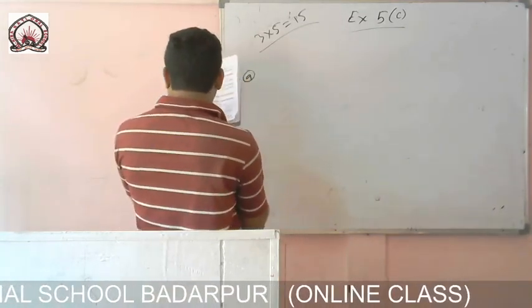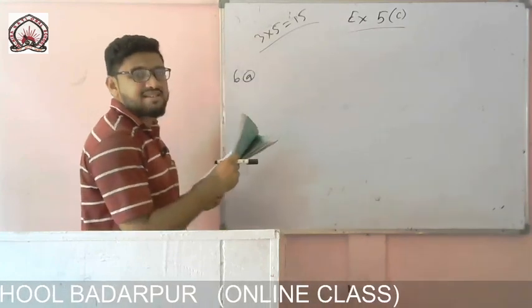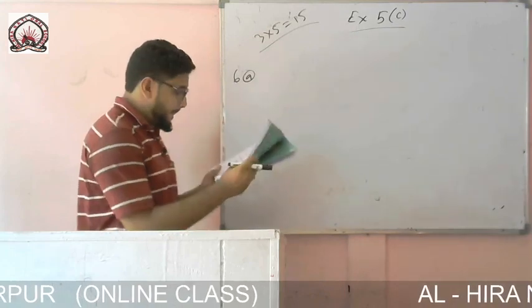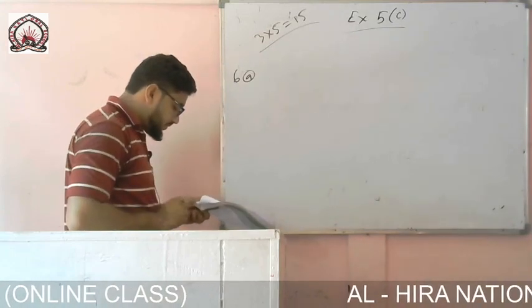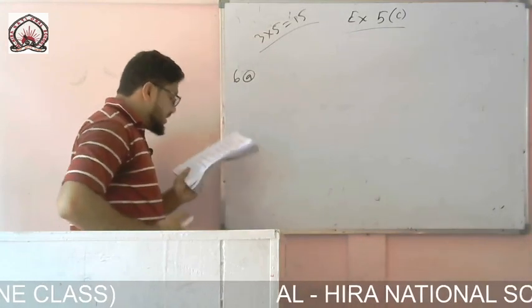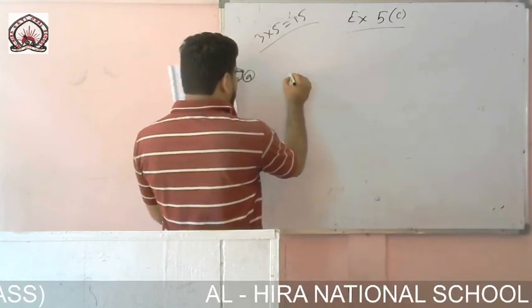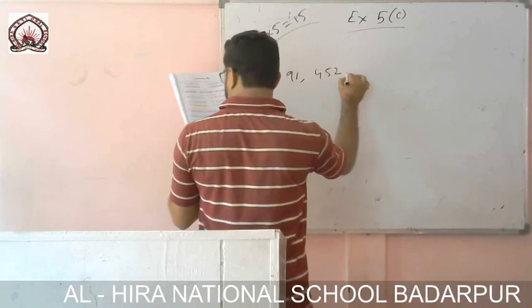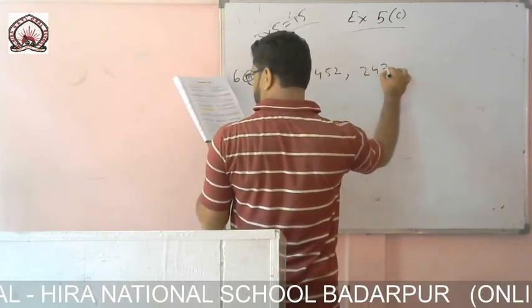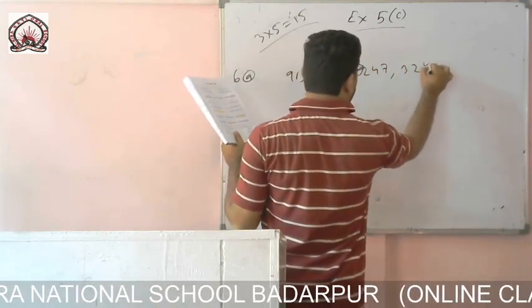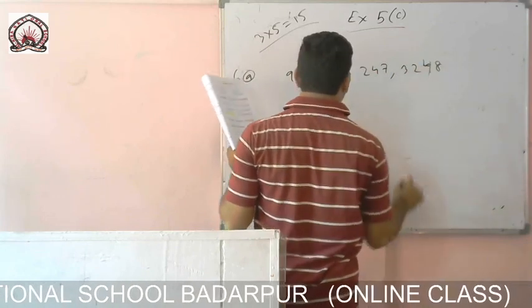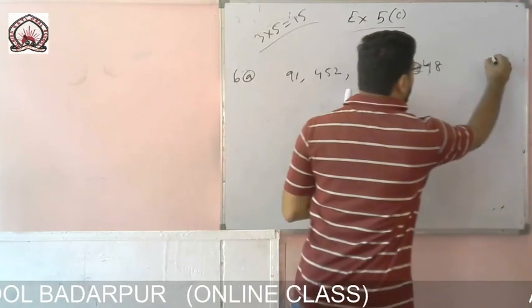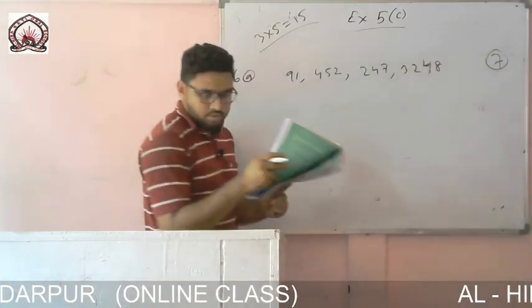Which of the following are divisible by 7? Here we have 91, 452, 247, 3248. We have to check by 7. One I am solving, the rest you can do.